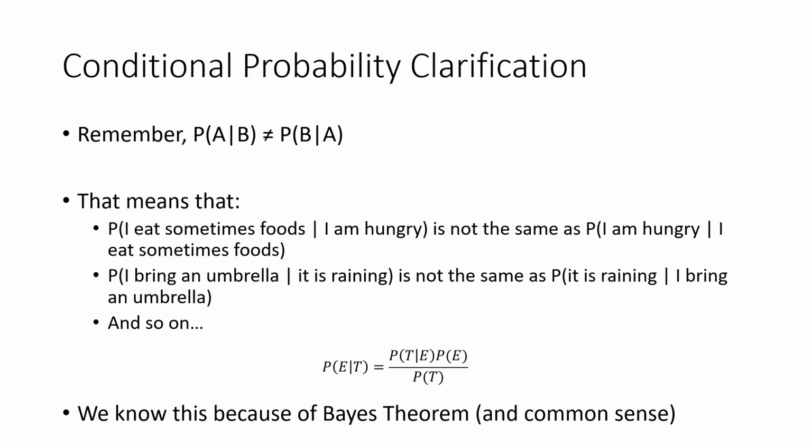The probability that I bring an umbrella given that it is raining is not the same as the probability that it is raining given that I'm carrying an umbrella, and so on. So we need to make sure that we understand that the probability of E given T is not the same as the probability of T given E. And again, we know this because of Bayes' theorem. We can also figure this out through common sense as well.